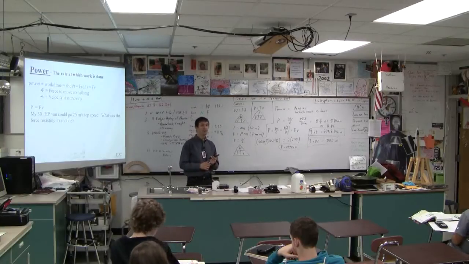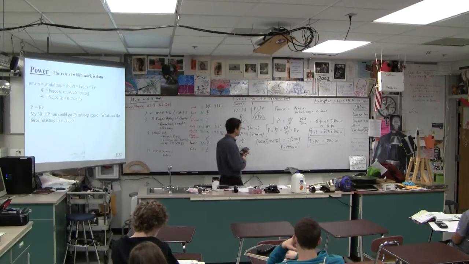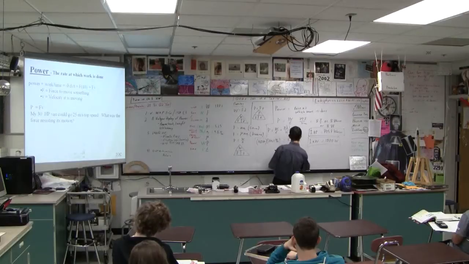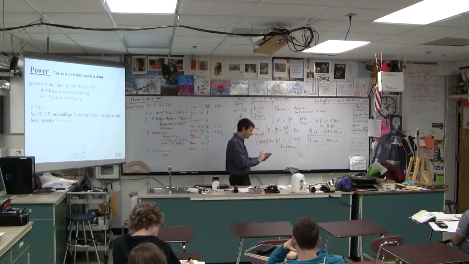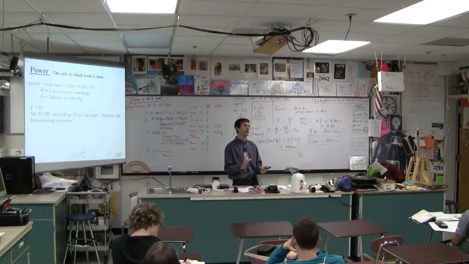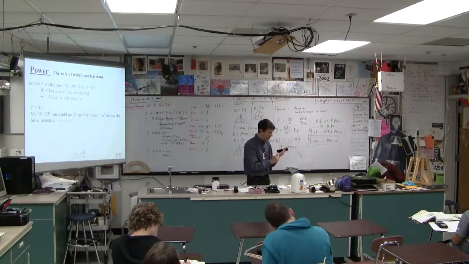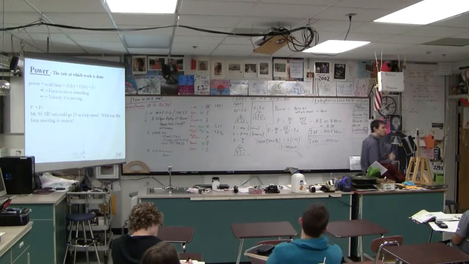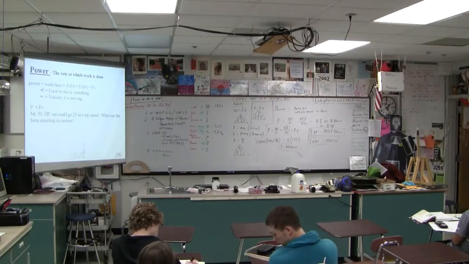If you want to figure out the newtons or the pounds, if you divide this by 4.45, that's how many newtons there are for a pound. You get 201 pounds. That's a lot of force.